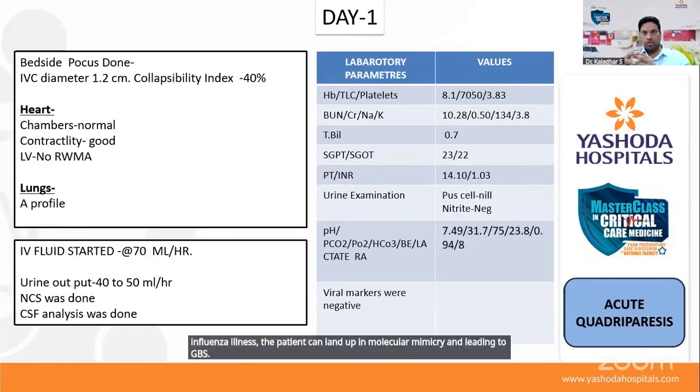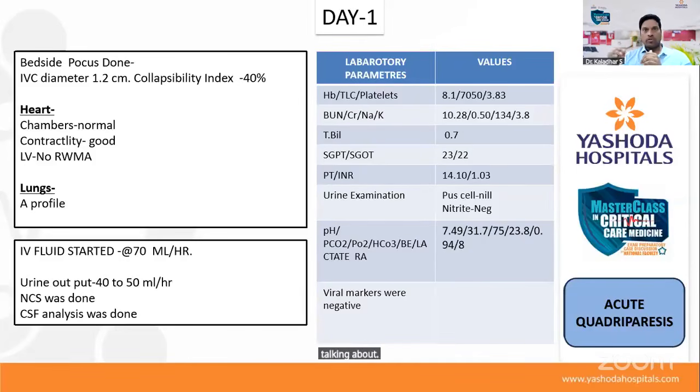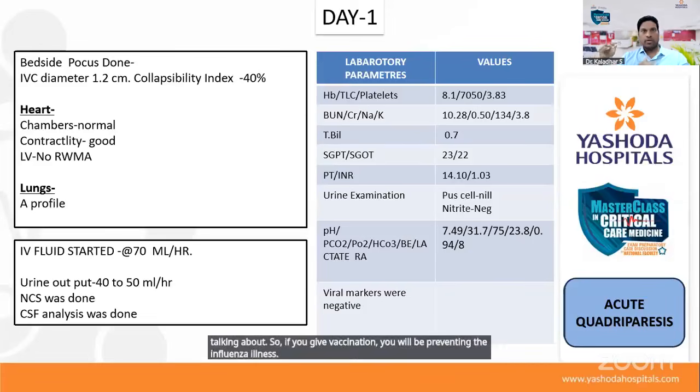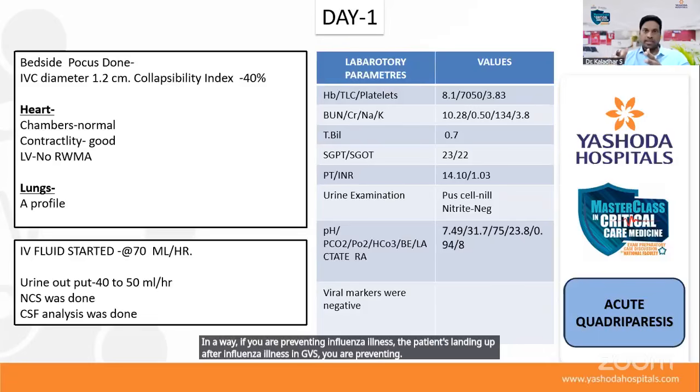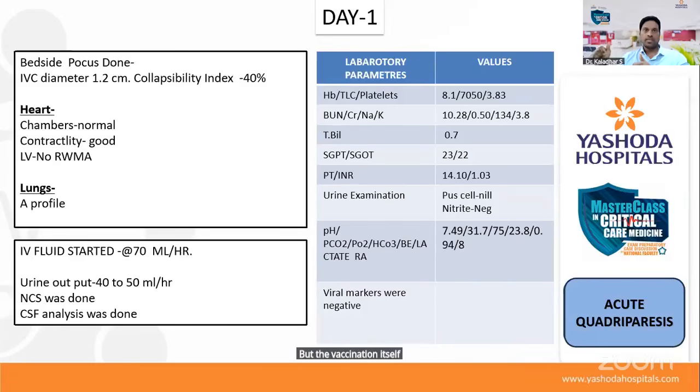So the recent updates are regarding vaccination, as we were talking about. If you give vaccination, you will be preventing influenza illness. In a way, you are preventing the patients landing up in GBS after influenza illness. But the vaccination itself causing GBS is about one in a million, that's what the epidemiological studies say.